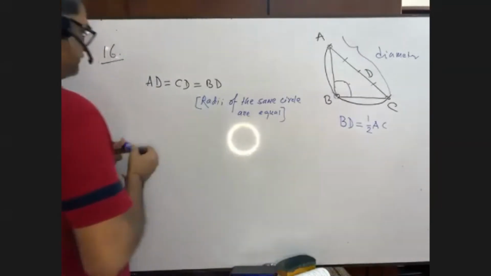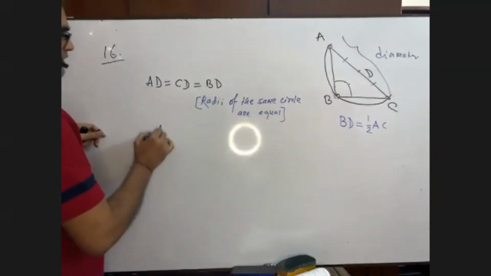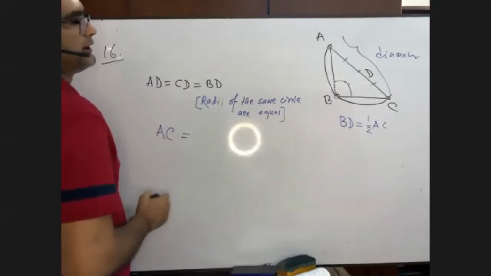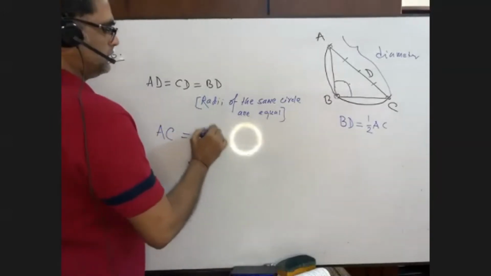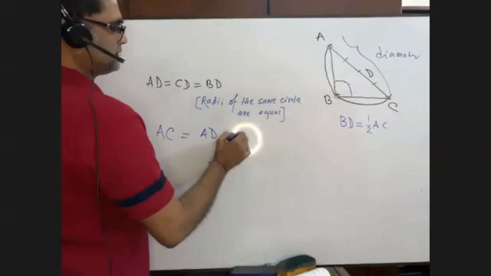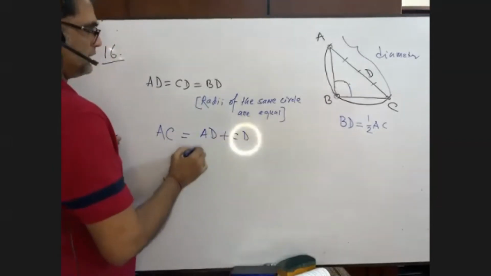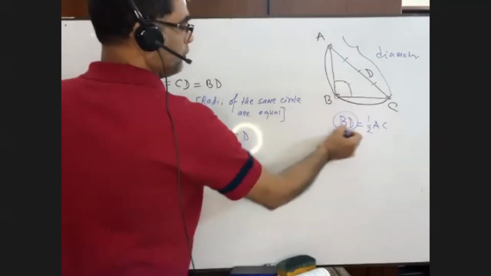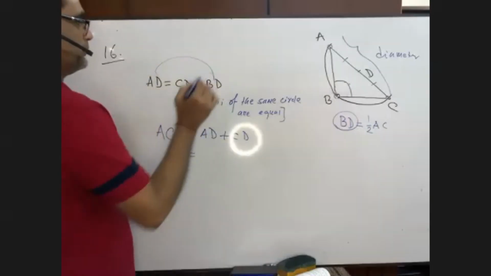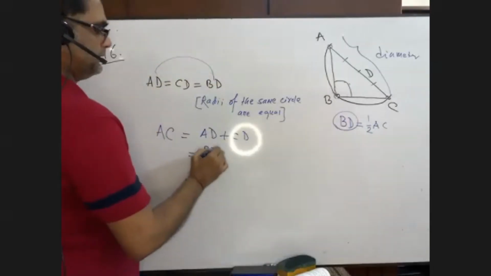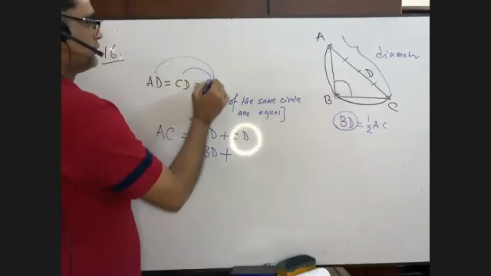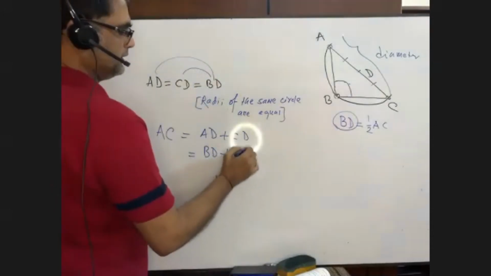Now, what is AC? AC equals AD plus CD. Now, what is AD? AD equals BD, I can write here BD. What is CD? CD is also BD, I can write here BD.